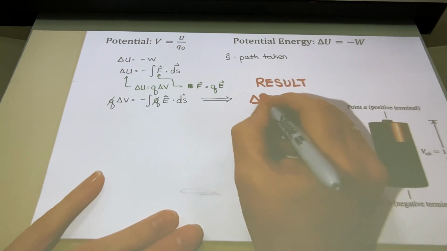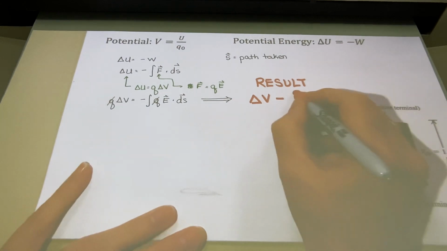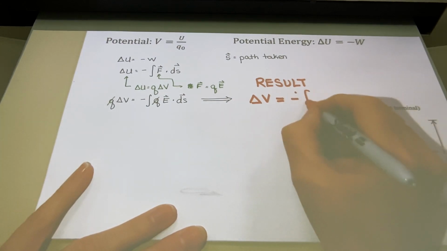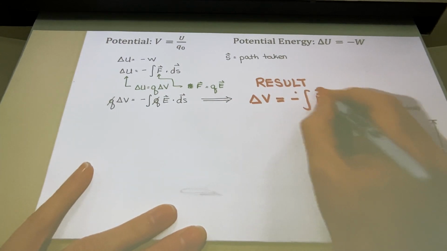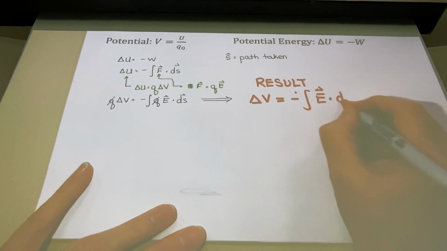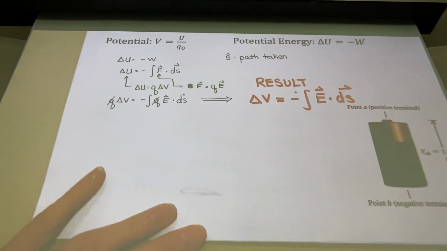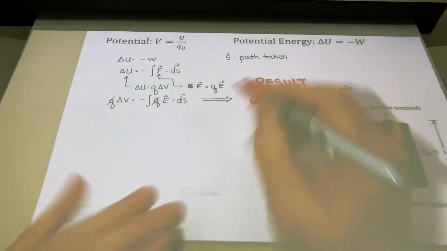Our change in electric potential is the negative of the integral of the electric field over some path. So this is kind of a big result.